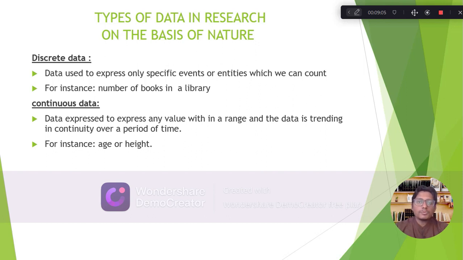For example, if we express any value which lies within some range and where the variable keeps on changing with time, that is known as continuous data. For example, if we want to express age or height of people, both keep on changing with time, and they lie somewhere within some range. So this kind of data is known as continuous data.